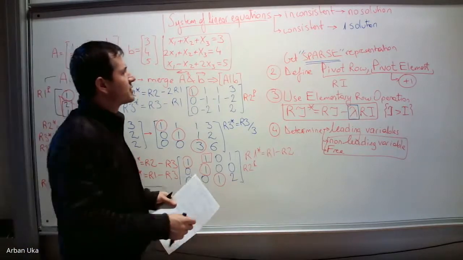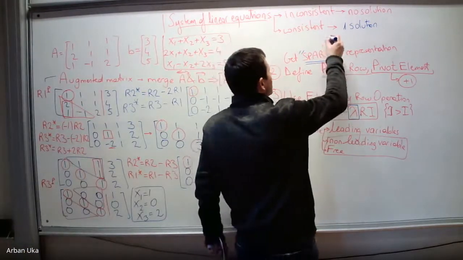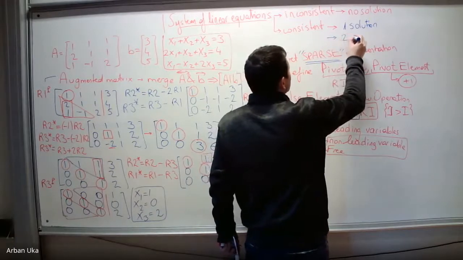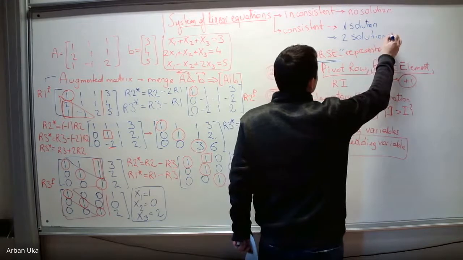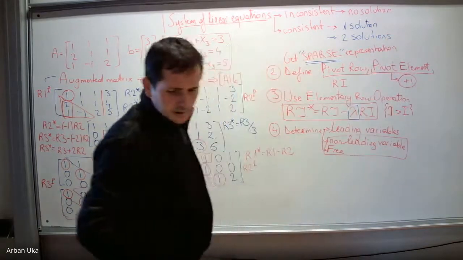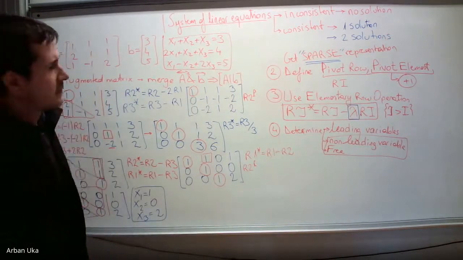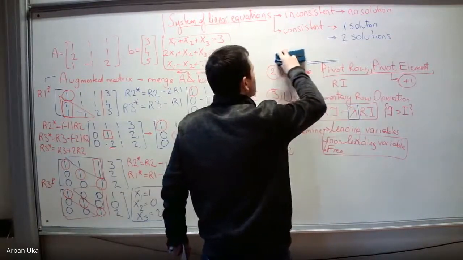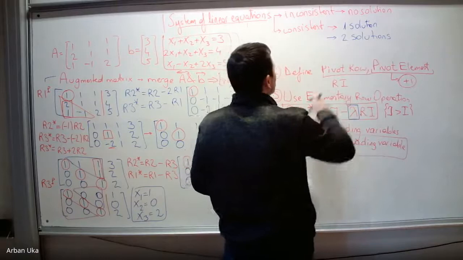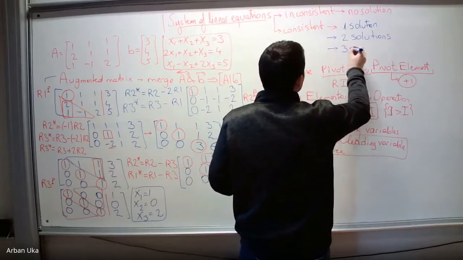Now, the question is the following. We can ask a question like this. Is it possible for a system to have two solutions? What do you think? Or is it possible for a system of linear equations to have three solutions?